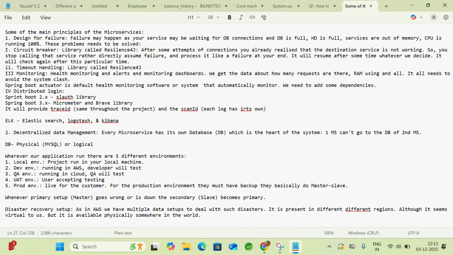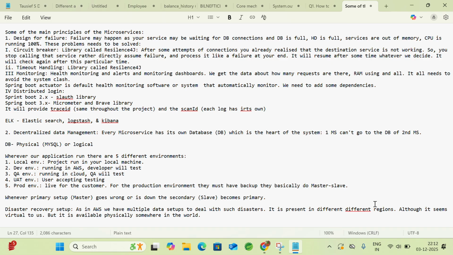This is how it works. Like if there is some disaster at one of the regions, then we can work on the second region. This is how all the data can be saved, or we can protect the data in our database. And this is how it works.